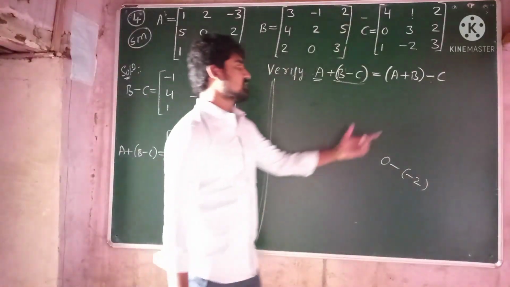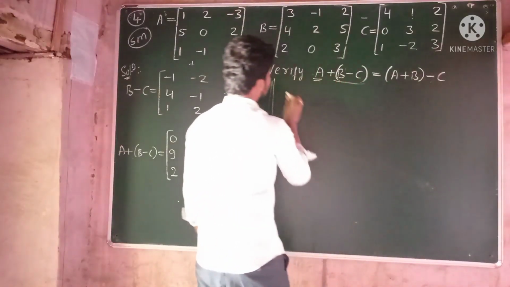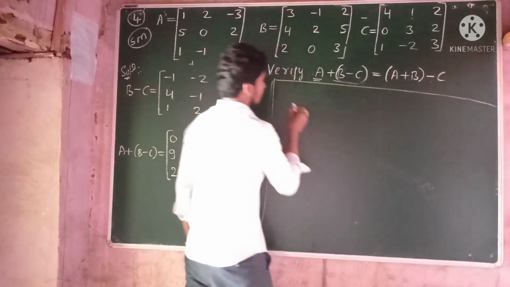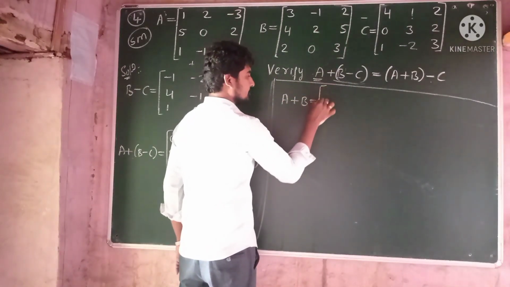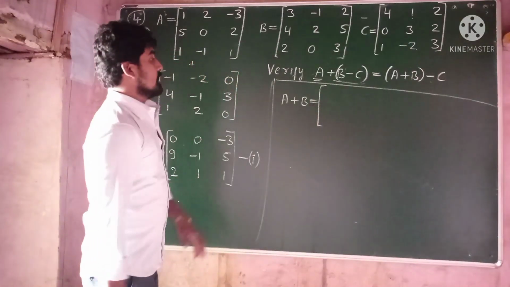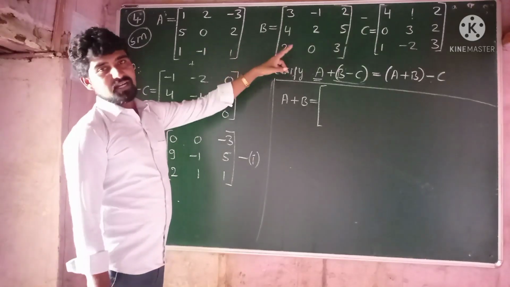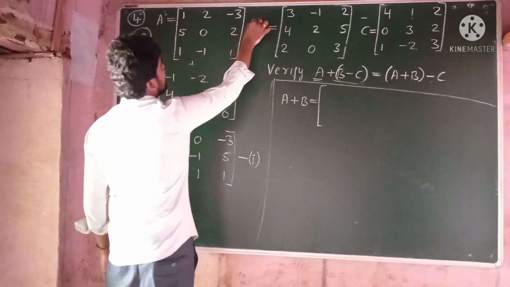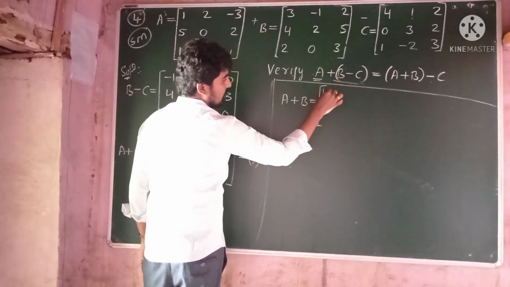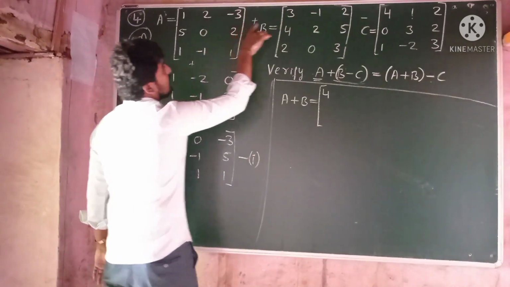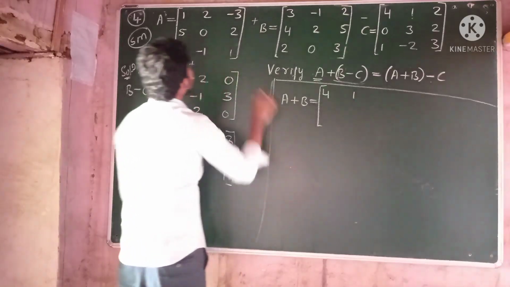Now in RHS, first we need to find the matrix A plus B. A plus B matrix is obtained by adding the corresponding elements of matrix A and matrix B. So A plus B means 1 plus 3, 4. 2 plus into minus minus means 2 minus 1, 1.